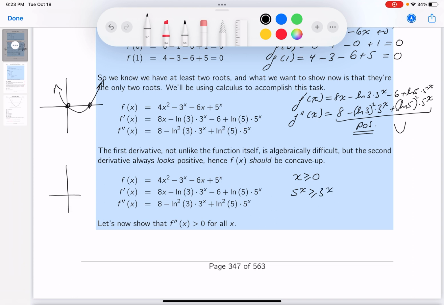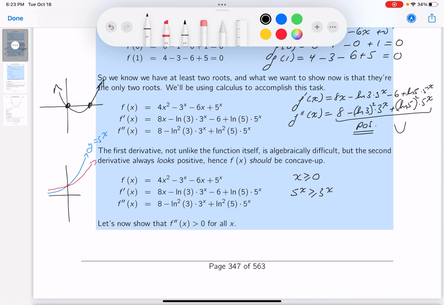If you look at this over here, let me use blue, and I'm going to draw a picture of an exponential. I'm going to say this is y equals 5 to the x. And let me draw the other exponential, the 3 to the x. Below 0, it's going to be above that curve. Then it's going to have the same y-intercept. It's above the curve there, and then it goes below the curve over here.